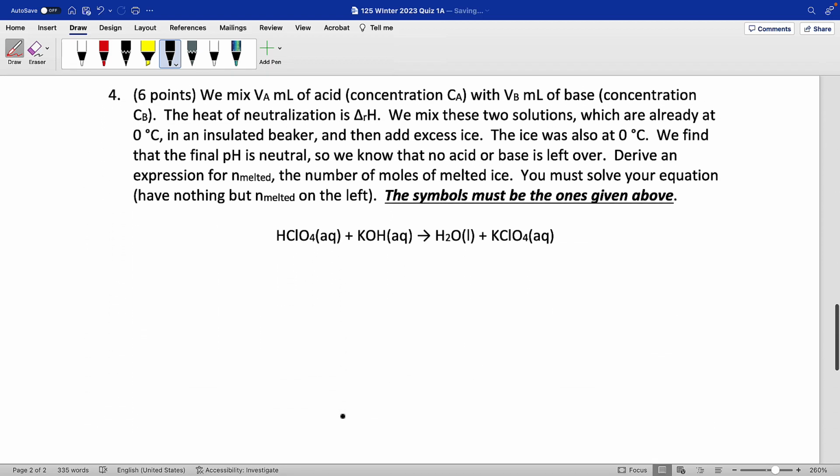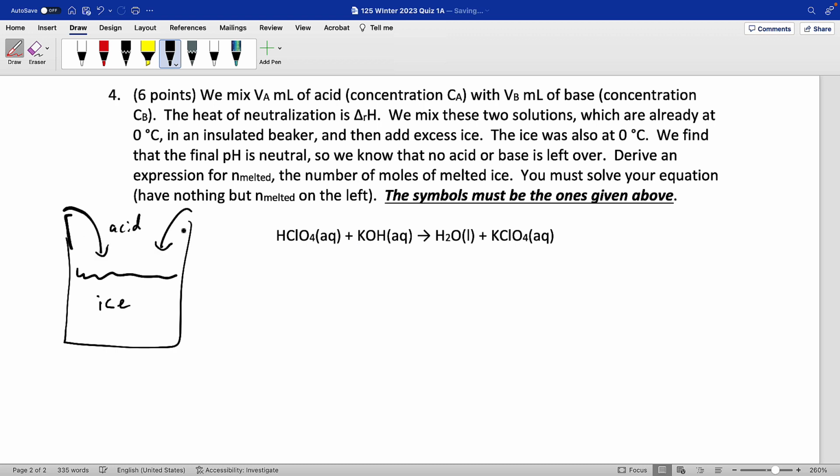Okay, number 4. Number 4, we're imagining a cup, and we've got some ice. Let's just call this ice instead of drawing it. And then we've got acid, and we've got base. And it doesn't matter what order we put it in, because the mass of ice is a state function.